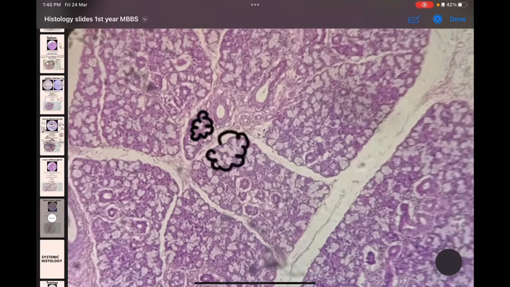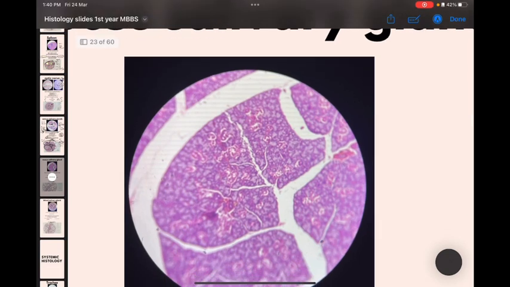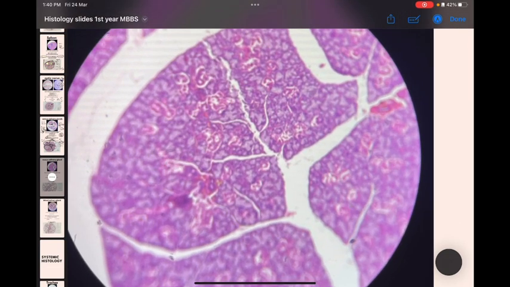And then we have mucous acini. See, in the case of mucous salivary glands, we don't see much of the serous type. We only see mucous.